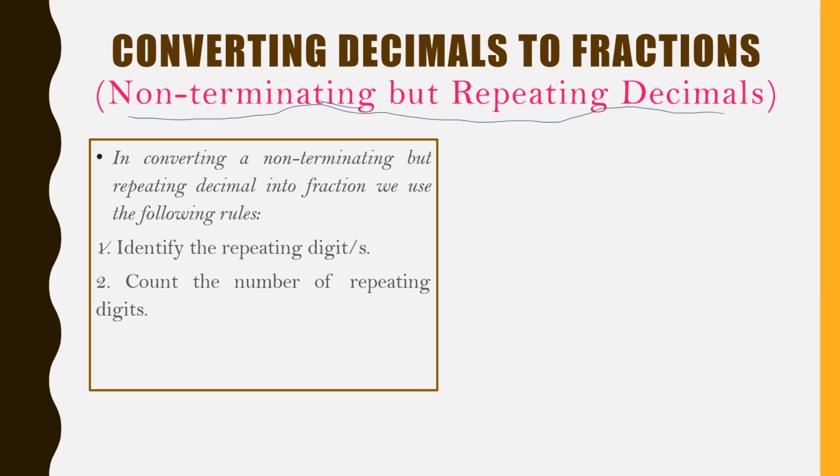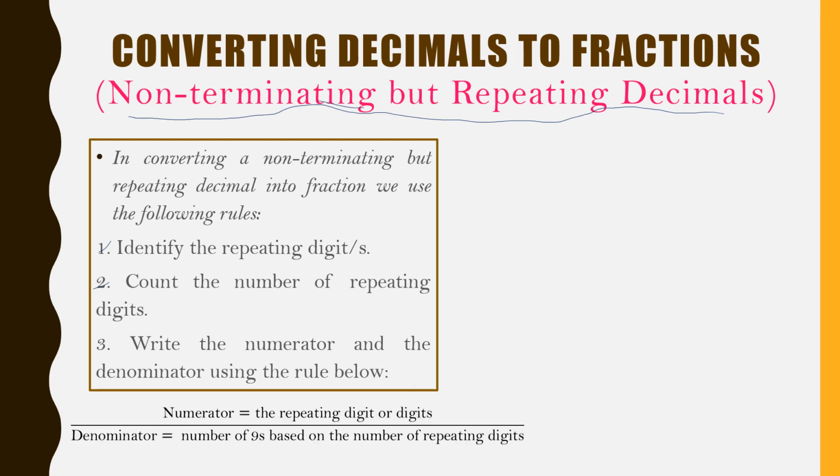Step 2, count the number of repeating digits. And number 3, write the numerator and the denominator using the rule below. The numerator is the repeating digit or digits. If there is only one repeating digit, that is the numerator. And the denominator is the number of nines based on the number of repeating digits.